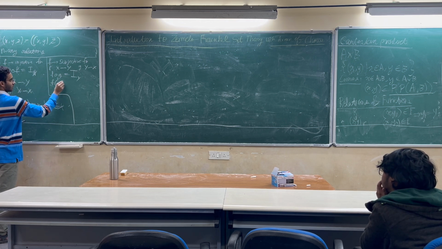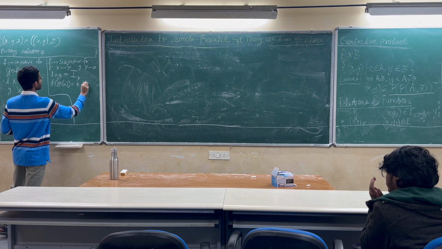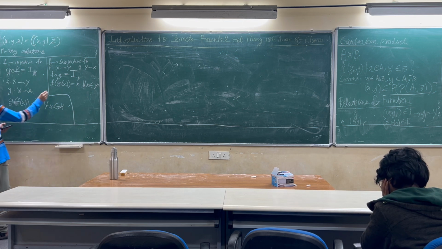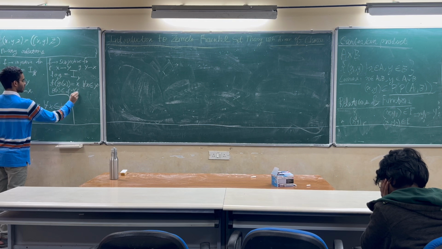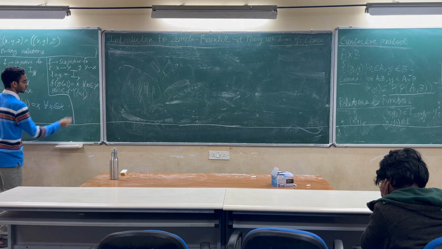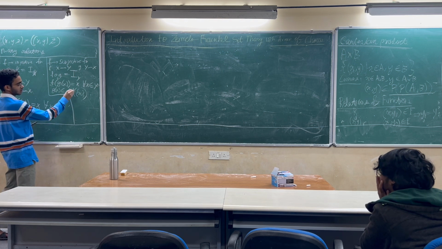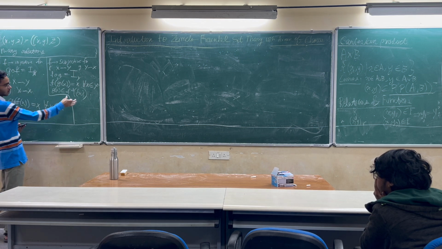What is required is f of g of y should be equal to y for all y in Y. Or in other words, g of y has to belong to the inverse image of the singleton {y}. Because f is surjective, this inverse image will always be non-empty. But it cannot be injective, so the inverse image cannot be a singleton.